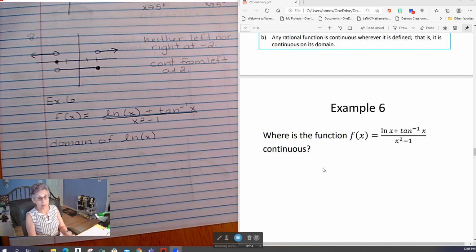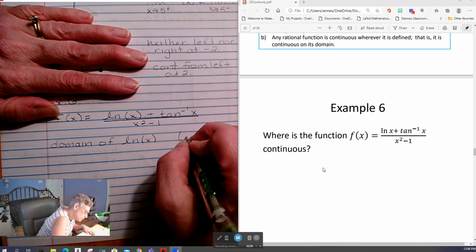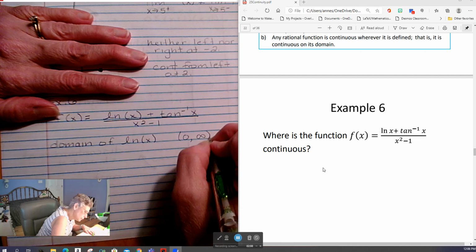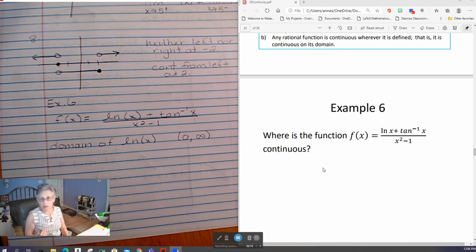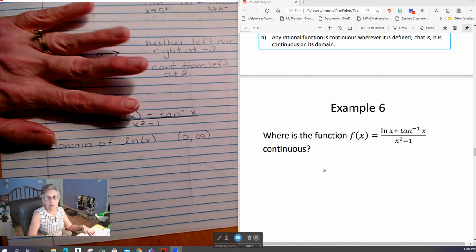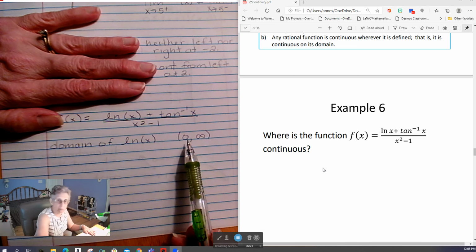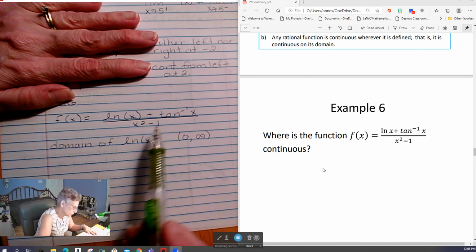Do you remember what the domain of natural log is? Can you take the natural log of negative stuff? No. Can you take the natural log of 0? No. So the domain of natural log is 0 to infinity. So this function couldn't possibly be continuous at negative numbers or at 0. It's only going to be continuous possibly from 0 to infinity.